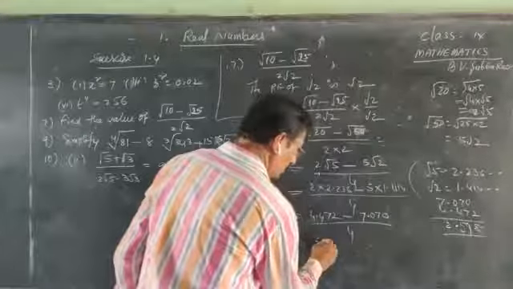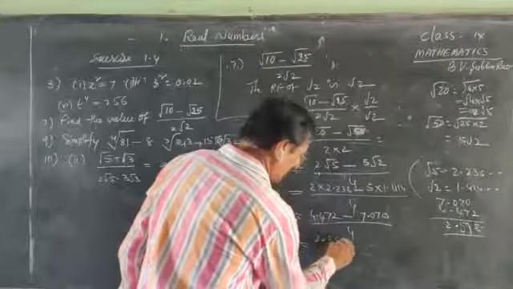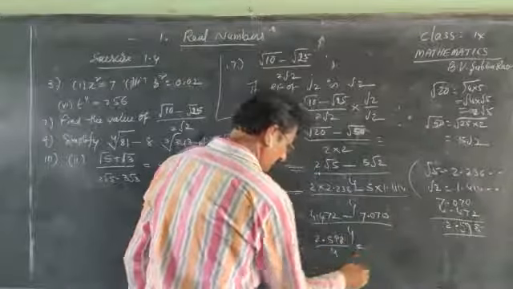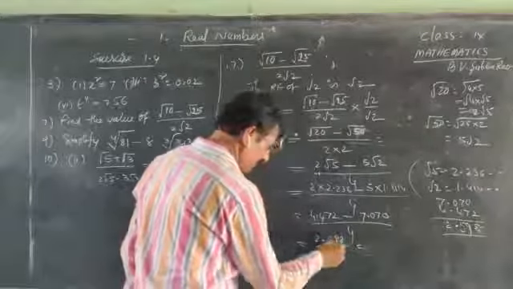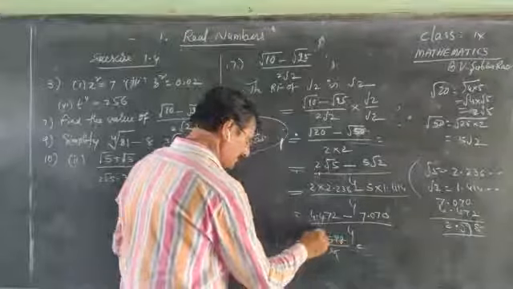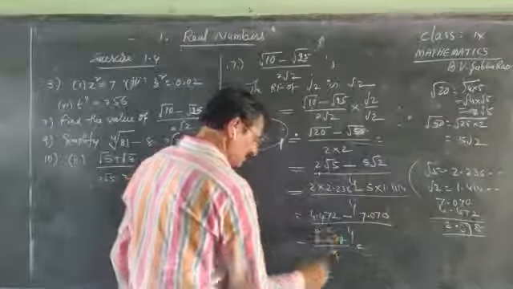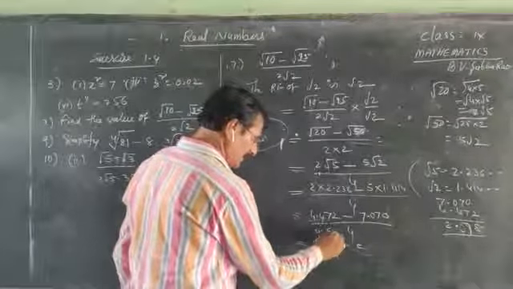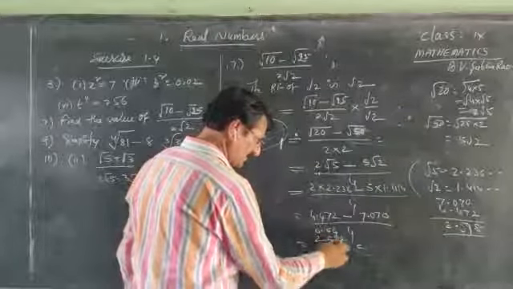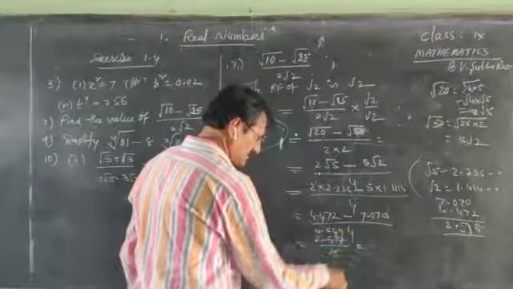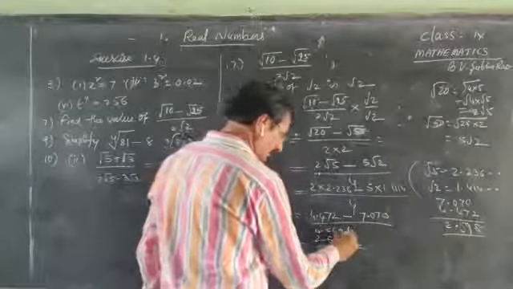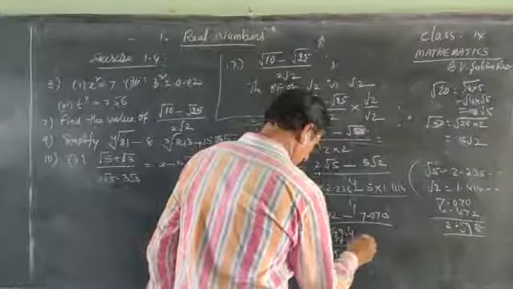The value is 2.598 by 4. Multiply with 4. It is a negative number.